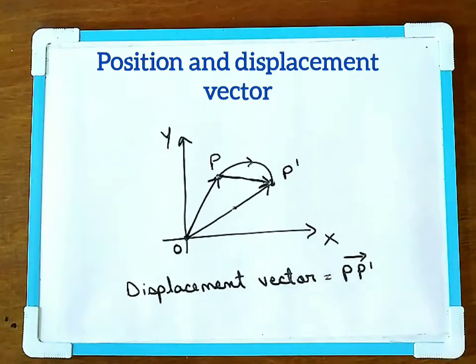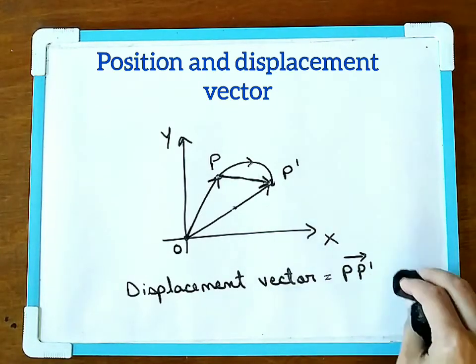Now there is a relation between the displacement vector and the position vectors. And that relation can be obtained by using the law of vector addition. Since I haven't told you about the law of vector addition, I'll just explain to you this relation.